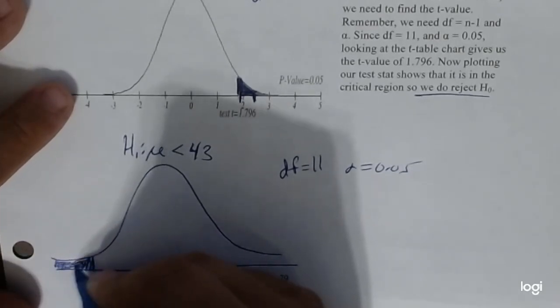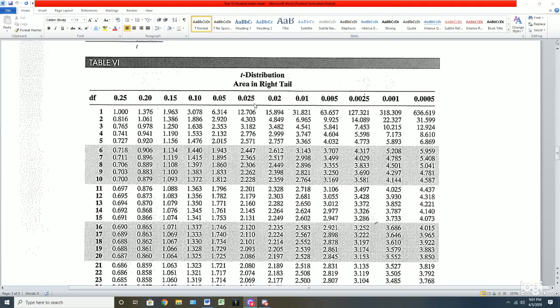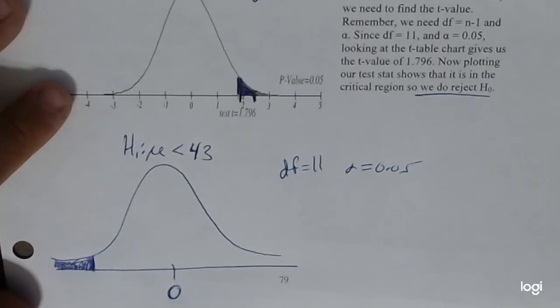So degrees of freedom of 11, alpha 0.05, we get the same number. It hasn't changed. But here's the problem. These are all positive, and technically it should be a negative number.